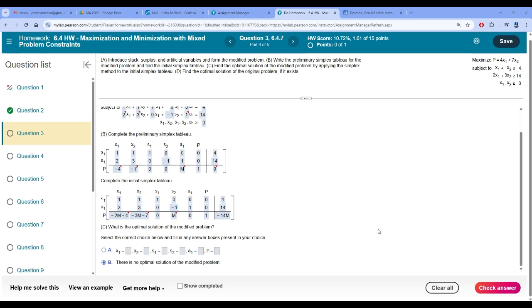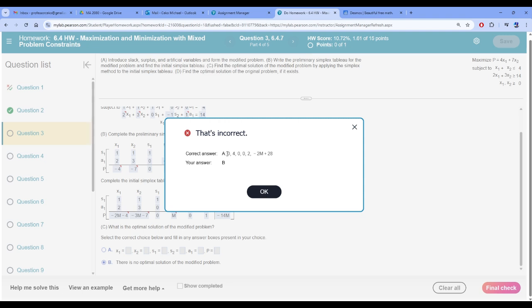Holy smokes. If this question didn't give me an optimal solution, then I don't know what it is. 0, 4, 0, 0, 2, -2M plus 28. Oh my god.